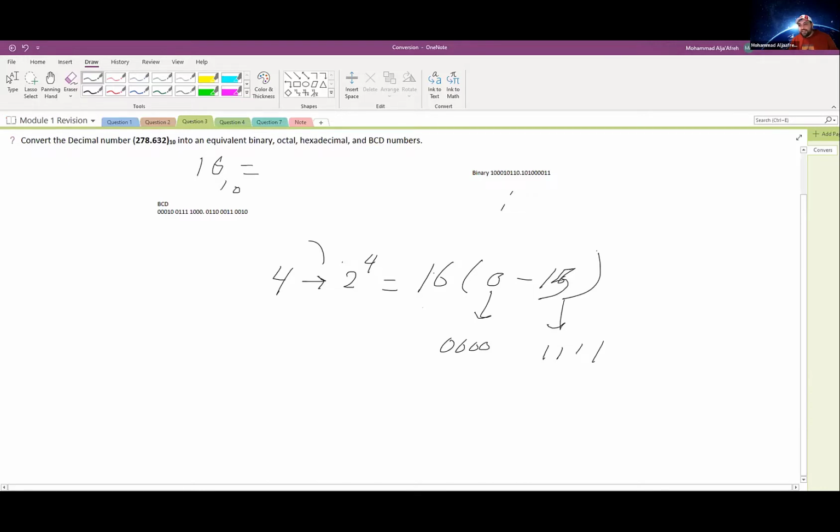So am I going to write 1 1 1 1 0 0 0 0? No. The 1 can be represented using 4 bits by 3 zeros and a 1. And the 6 can be represented by 0, 1, 1, 0. That is 16 in BCD.